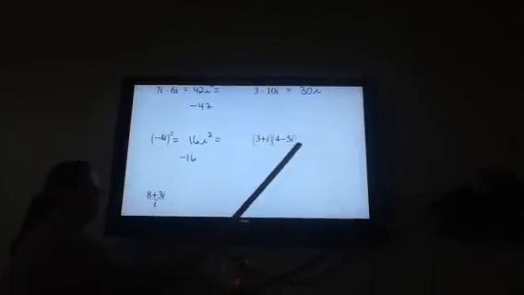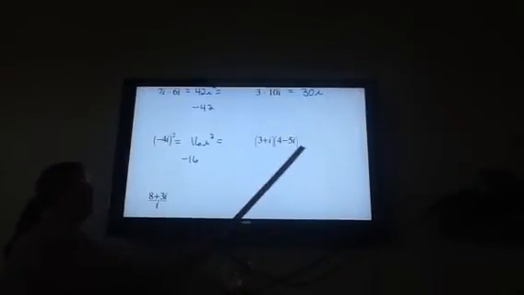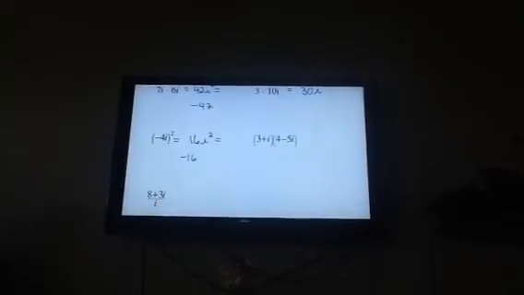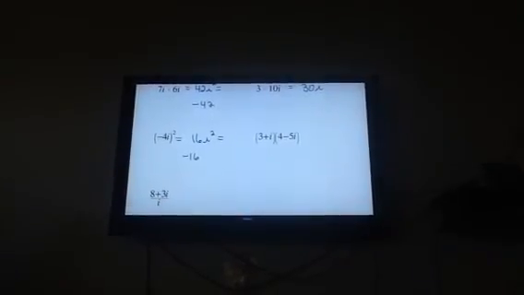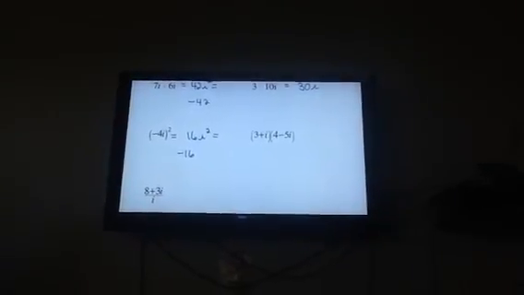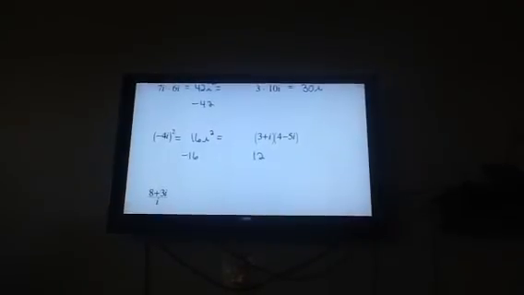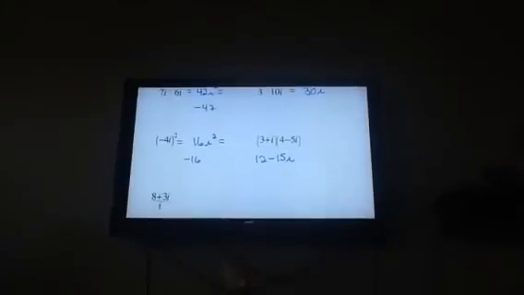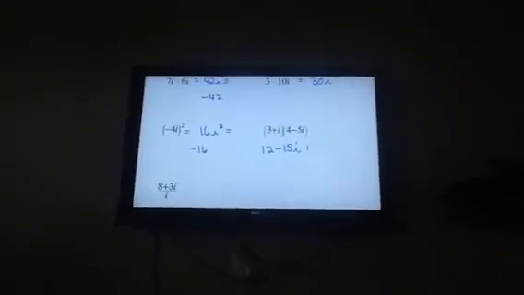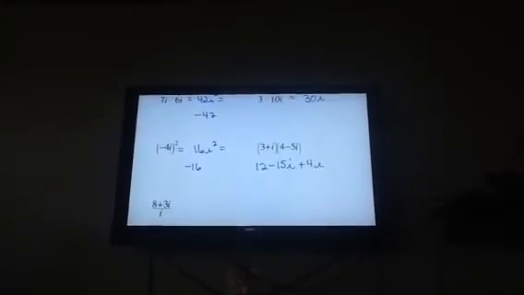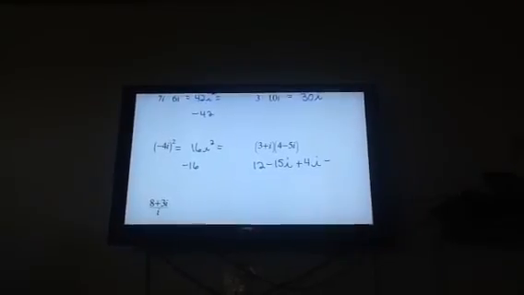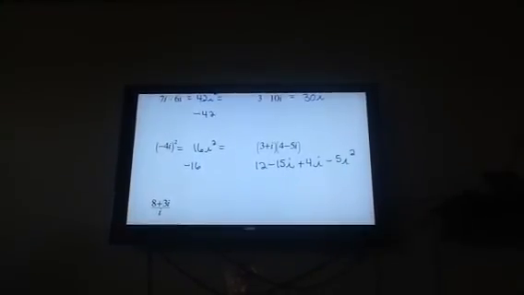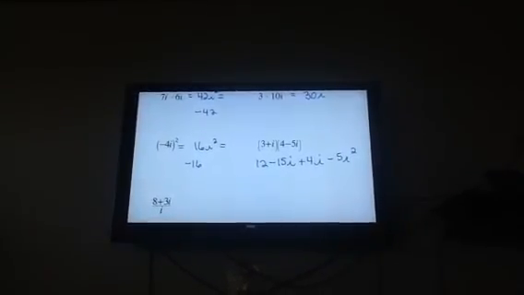Hopefully, when you look at this next question, you're seeing FOIL, binomial times a binomial. So first times first is 12. Outer times outer, minus 15i. Inner times inner, positive 4i. Last times last, negative 5i squared, or minus 5i squared, either way.